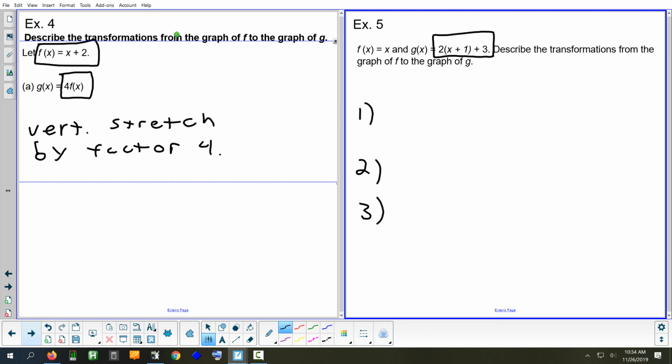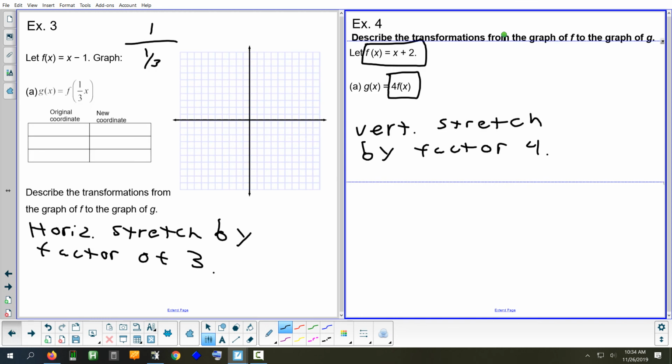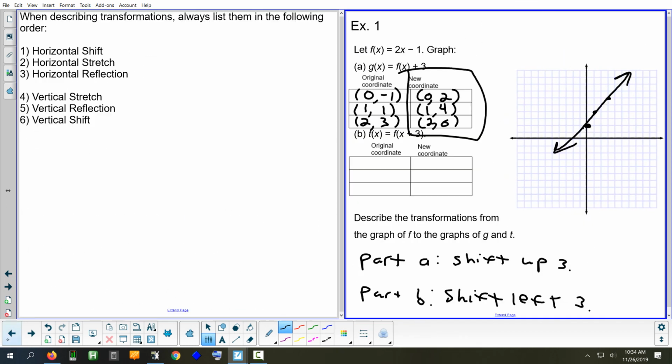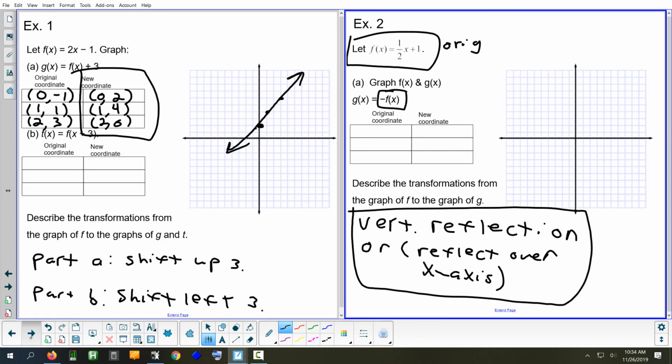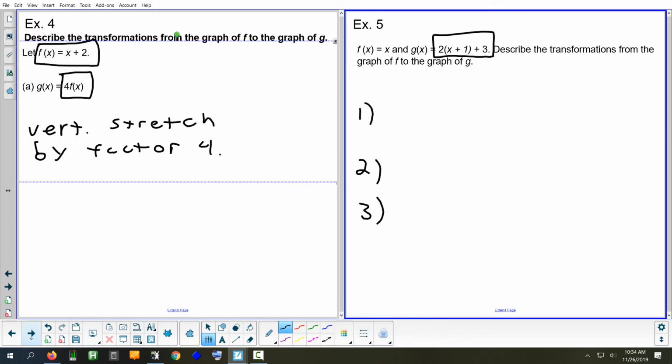But we have to write them in the right order. What's the order you're supposed to write them in? Right there. So check for each one. Horizontal shift is the first thing you want to look for. Horizontal shift is when you add or subtract inside parentheses. Did we add or subtract inside the parentheses?